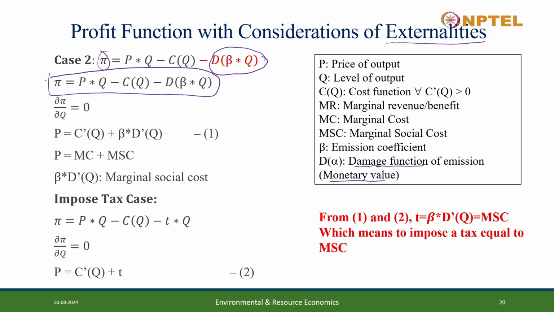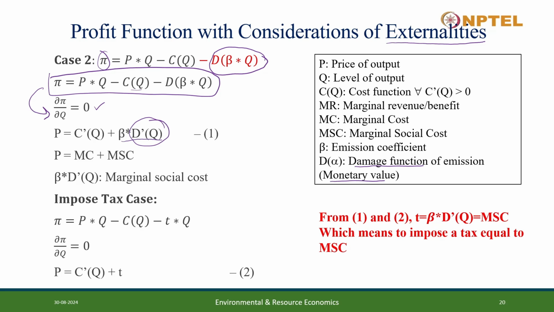If you differentiate with respect to Q and equate it to 0, you get P equals C dash Q plus beta times D dash Q. Here, dash means differentiation.